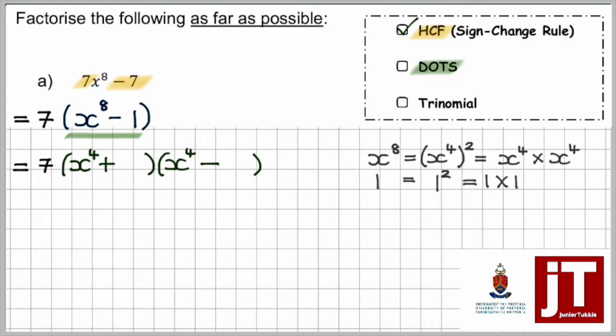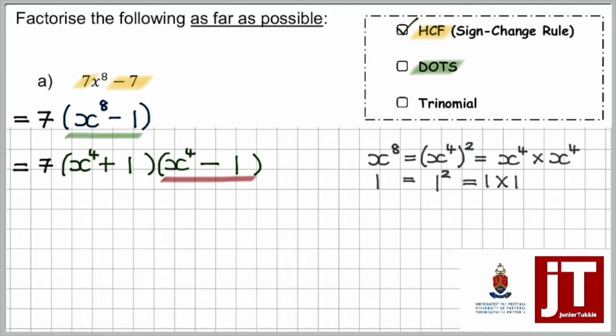And based on this, the second term in each set of brackets will be 1. Now, we are done factorizing the first difference of 2 squares, but if you look carefully, you may be able to notice that we have another difference of 2 squares, because we have 2 terms that are separated by a negative sign, and of course, the terms are perfect squares.